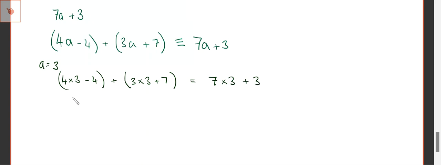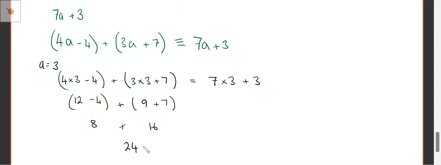So 4 times 3 is 12, so the first set of brackets is 8, plus 3 times 3 is 9. 9 plus 7 is 16. 8 plus 16 equals 24.